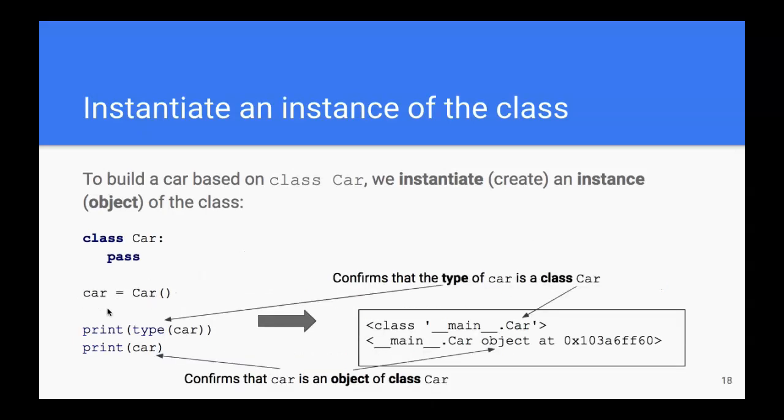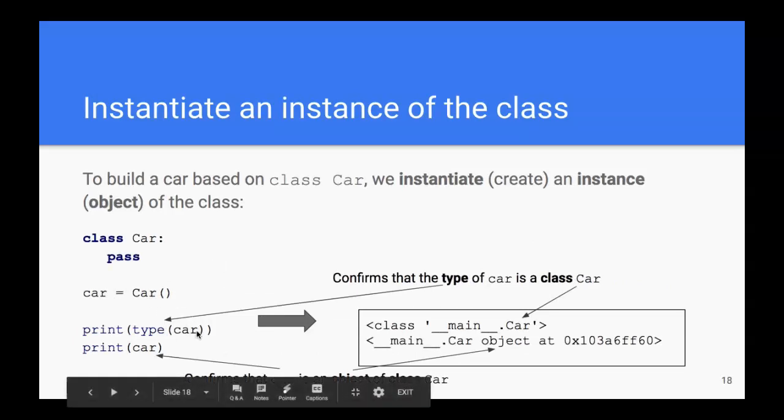So the type is the class Car. Another thing to note is that when we just print out car all by itself, it says it's a Car object, capital Car, the class Car object.